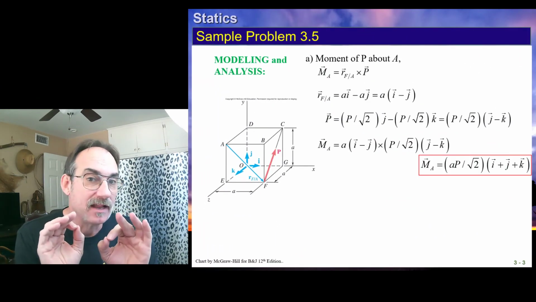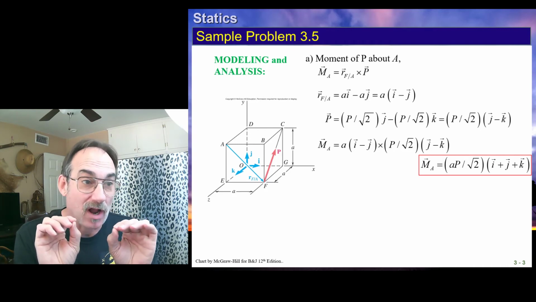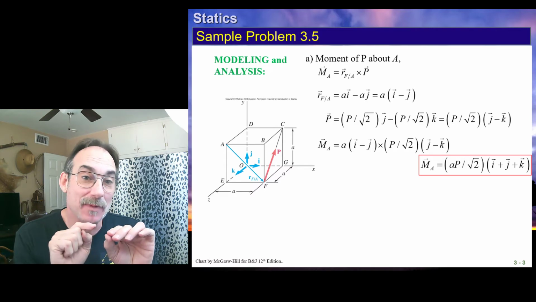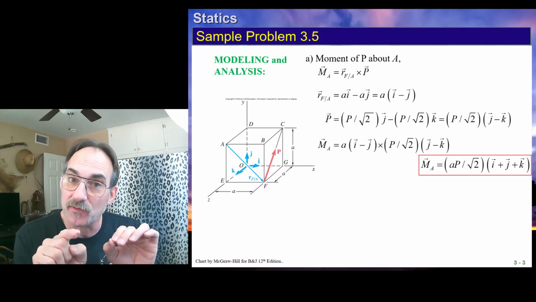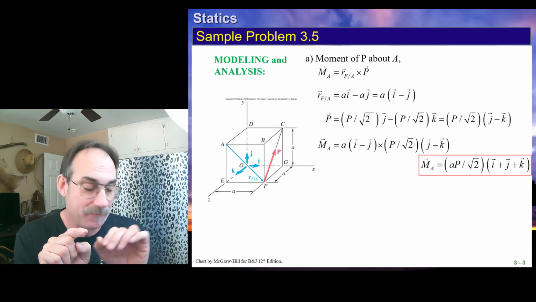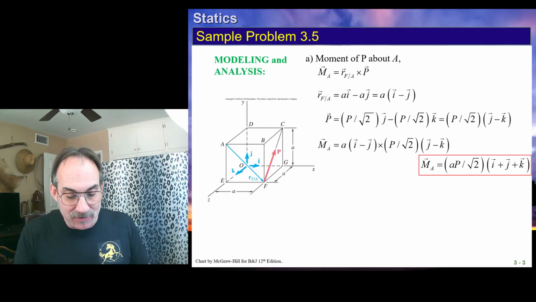Okay, let's try this another way. Remember I said we can take the cross product of any line segment from the point to the vector, crossed with that vector force to get the moment about A. That means let's try a different point.